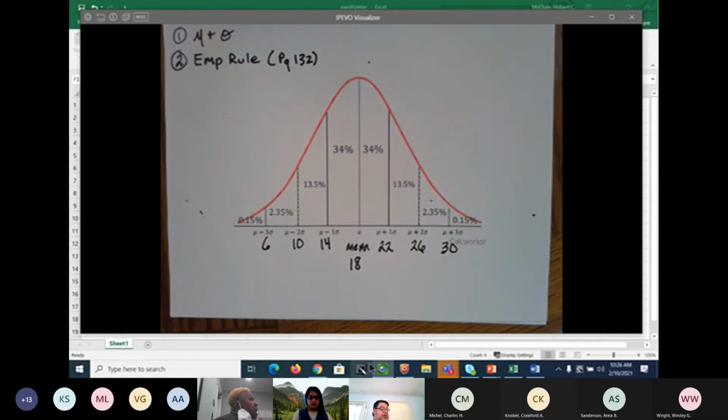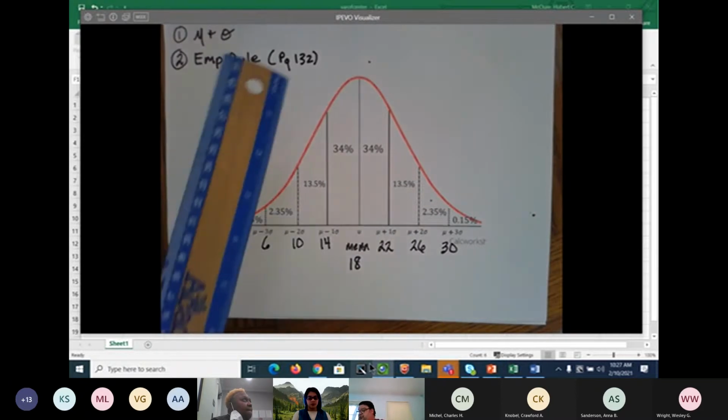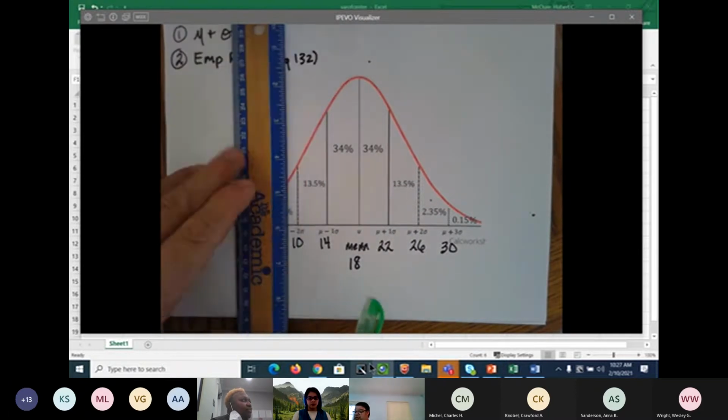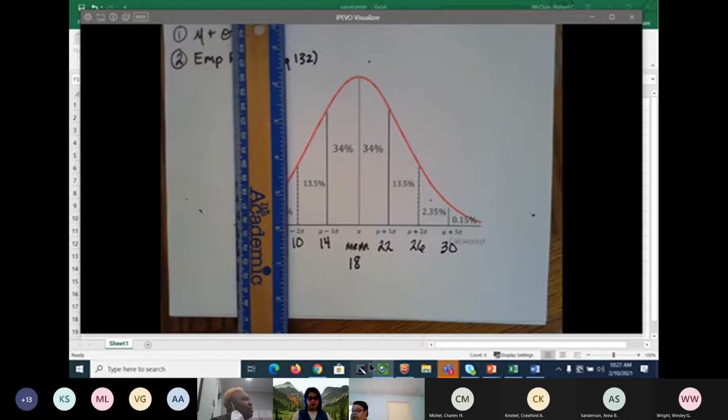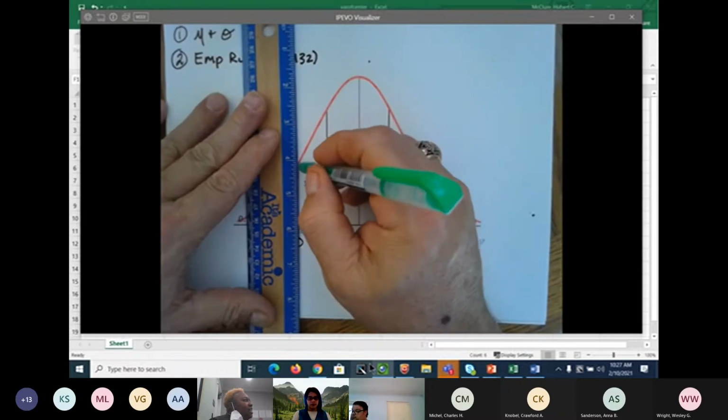The empirical rule says that within 2 standard deviations, I'm trying to find, well, where the heck, there it is. Within 2 standard deviations is 95% of the population.